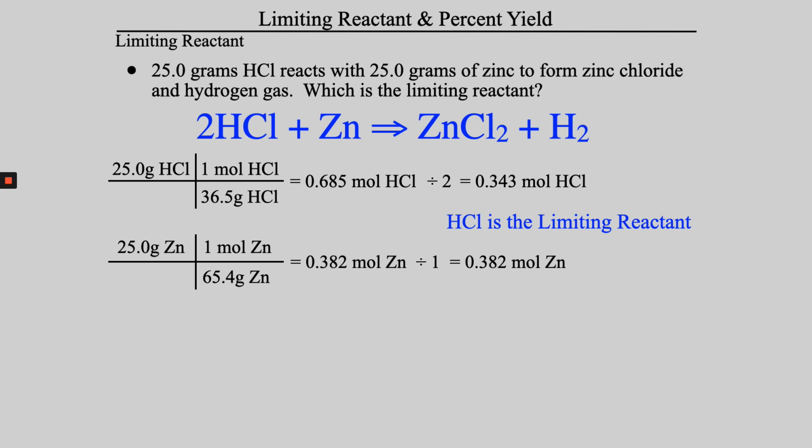Guys, that's the kind of question that we're going to answer now and the question we're going to answer in lab. If we know that we run out of the hydrochloric acid first, how much of these products should we make? And then, guys, what we're going to do in lab is we're going to collect one of those products, weigh it, and then figure out how we did. And guys, that process is called percent yield.